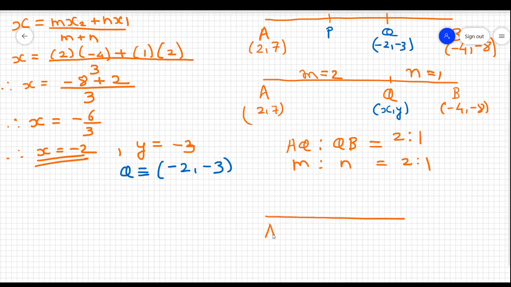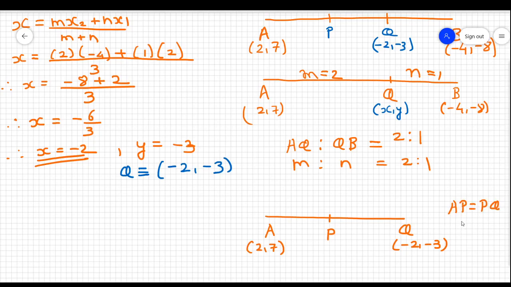Suppose this is A and this is Q. A is (2, 7), Q is (-2, -3). We have to find P. Trisection means we know that AP equal to PQ equal to QB.